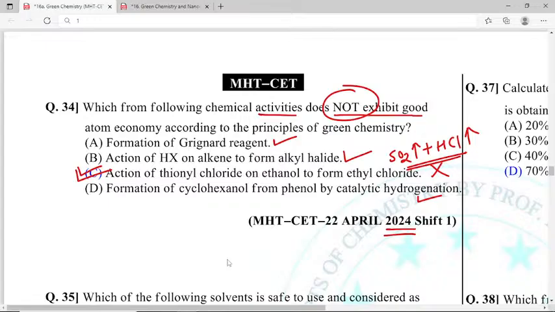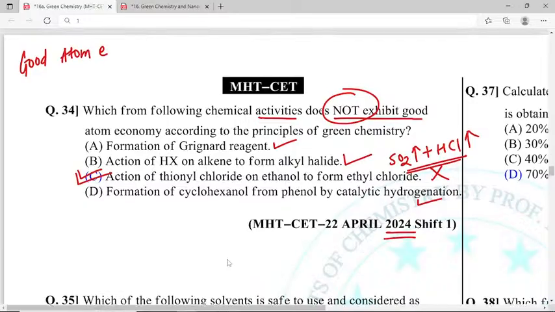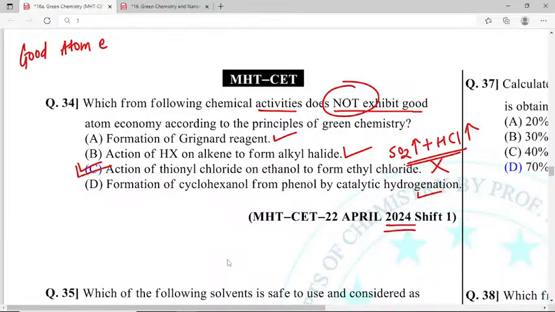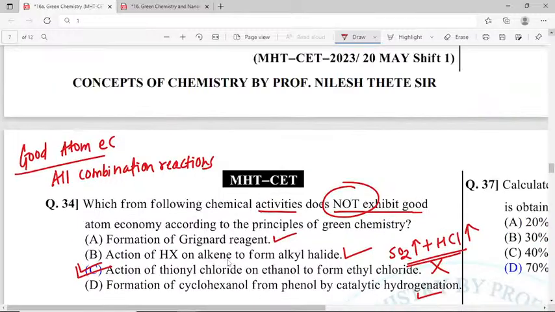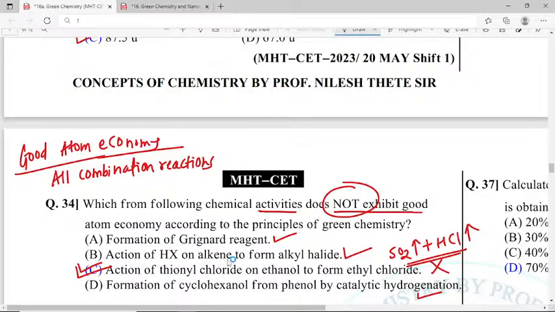Combination reactions: all combination reactions have good atom economy. Always remember, all combination reactions are written as good atom economy.